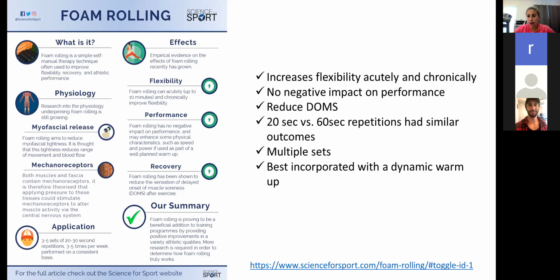And you might have noticed already, if you were doing some of the foam rolling in the lab, you might see, oh, okay, my range of motion is improved a little bit. And I notice it when I do it. So I agree that yes, it can increase your flexibility acutely. And if you were consistent at doing it, so you can't foam roll once a week and expect to cure everything, no pains and your flexibility is amazing. It has to be on a consistent basis, and that's important.